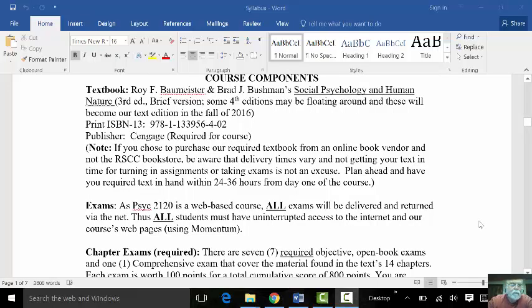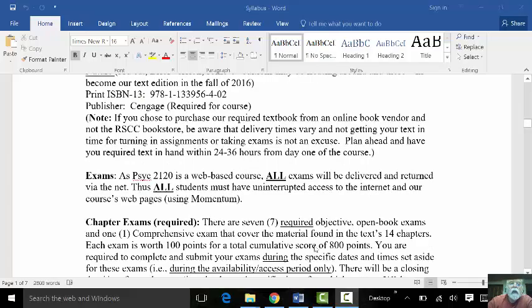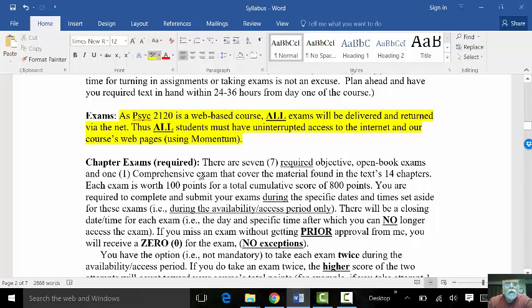Leading up to our exams, this is a web-based course, and all exams for our course are obviously on Momentum. They're open book. There are 7 required objective open book exams and 1 comprehensive exam that covers all 14 chapters.